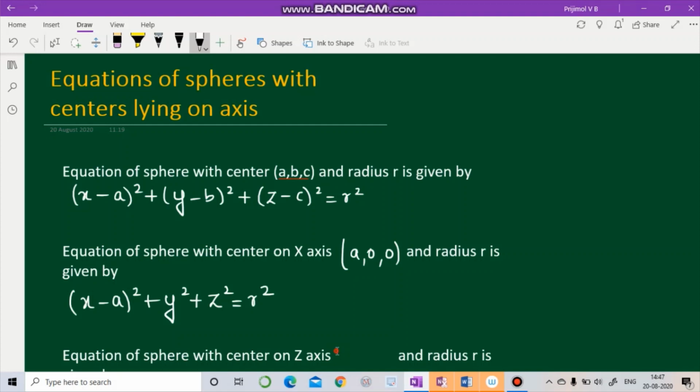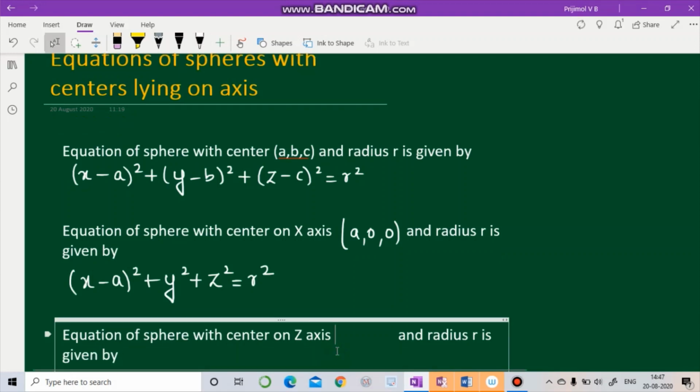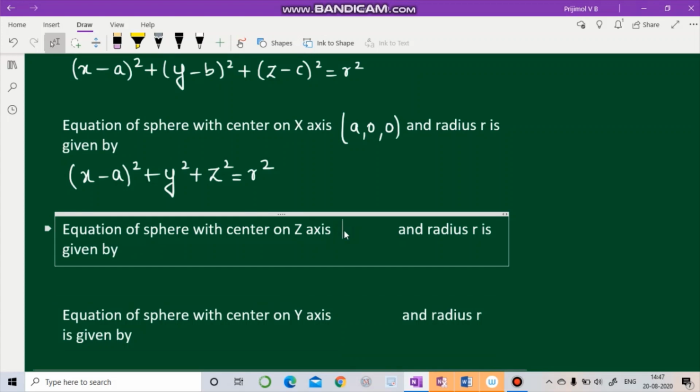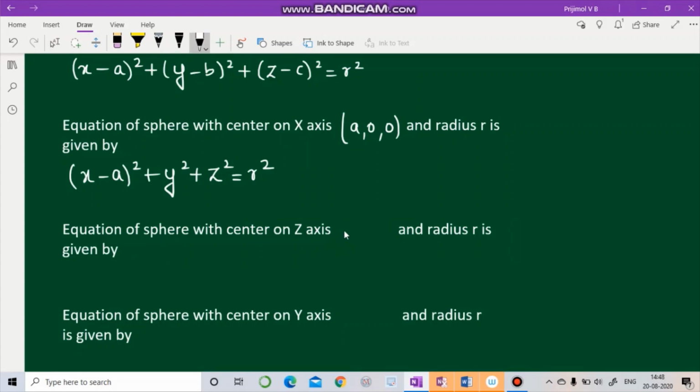Now what about the third equation where the center is lying on the z axis? When you have the center lying on the z axis, that means there is no x value, there is no y value, we have only the z value. The equation will be x square plus y square plus (z minus c) whole square equal to r square.